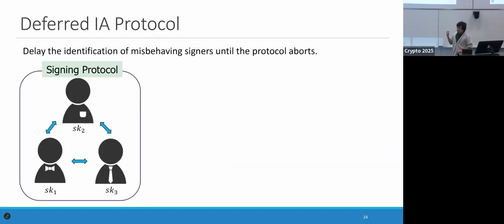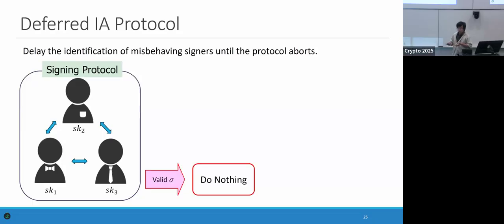To avoid this inefficiency, we can consider the default IA protocol. Specifically, signers execute the signing protocol normally. Then, if they obtain a valid signature, they do nothing more.